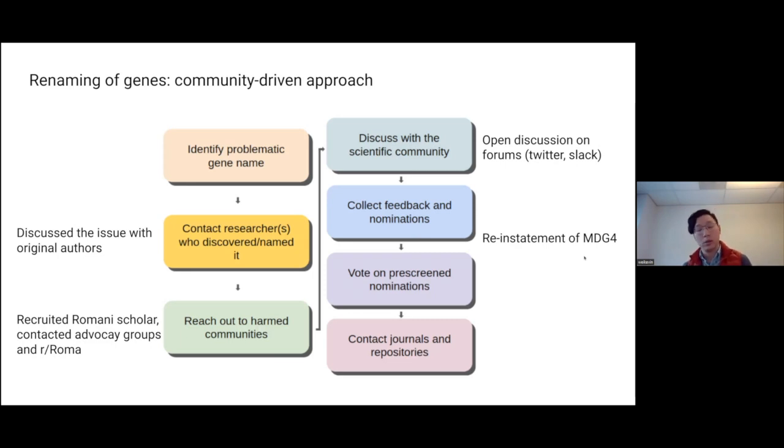As editors and reviewers, when we see people refer to Gypsy, we will recommend that they change it to MDG4. At least for a little while, it will be MDG4 with a parenthetical, formerly known as Gypsy.